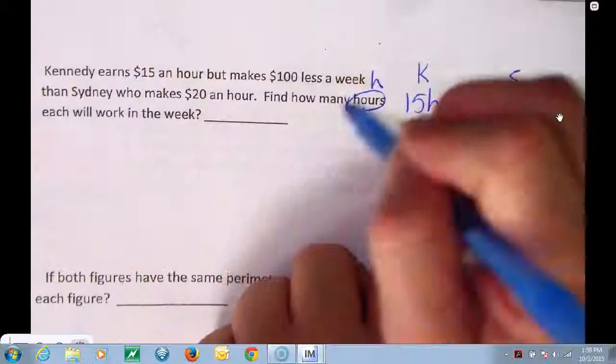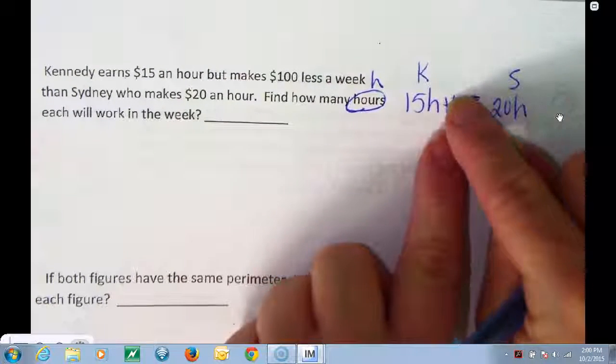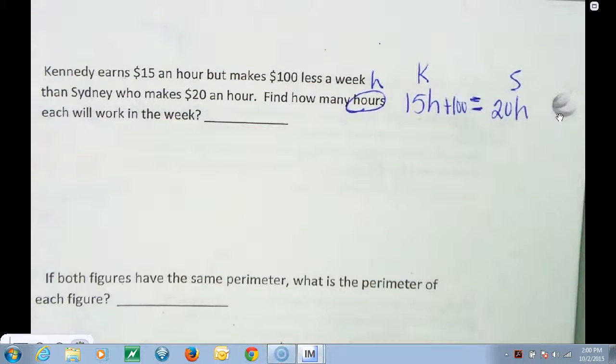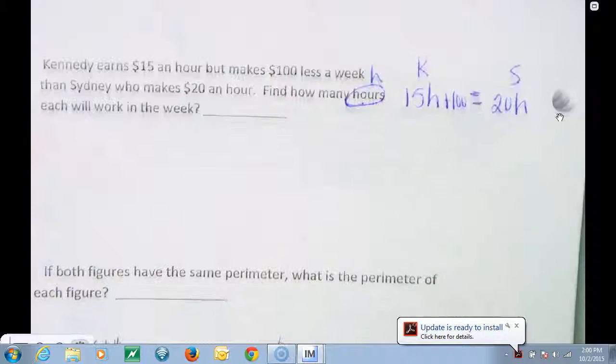But Kennedy makes $100 less than Sydney. So if I add 100 to Kennedy's, then they're going to be equal. Does that make sense? So, look, if you have $10 more than me, then I need to add 10 to mine, and then we'll be equal, won't we? Okay? All right, good deal. We're not solving that one.